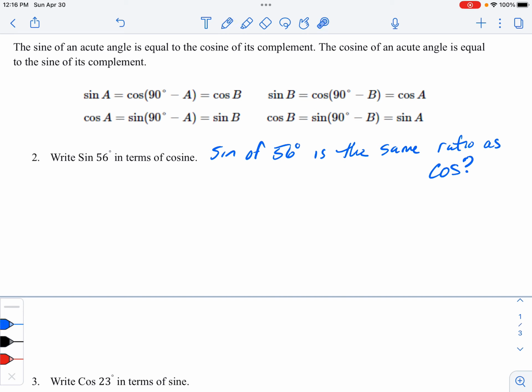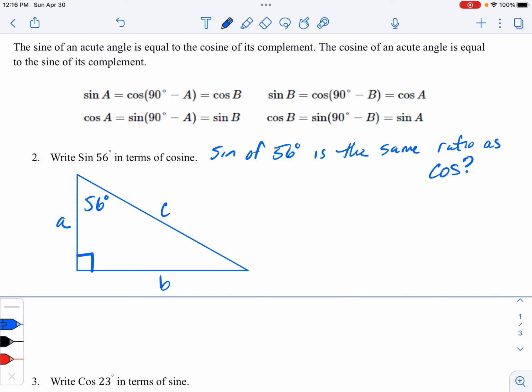Before we get into these models up here, it's going to be easier if we think about a diagram and what this triangle and ratio might look like. If I have some triangle, and remember this only works with right triangles, and I know that one of these angles is 56, and I'm thinking about the sine of 56, I'm going to label these sides with letters. These letters represent the side lengths and will help me determine what this ratio would be.